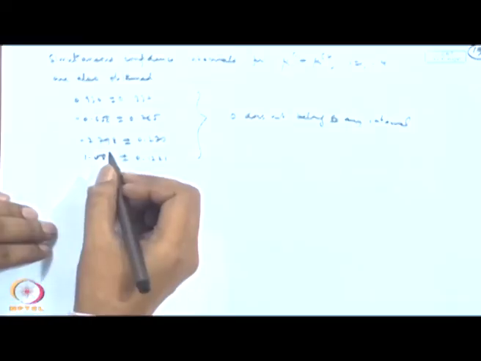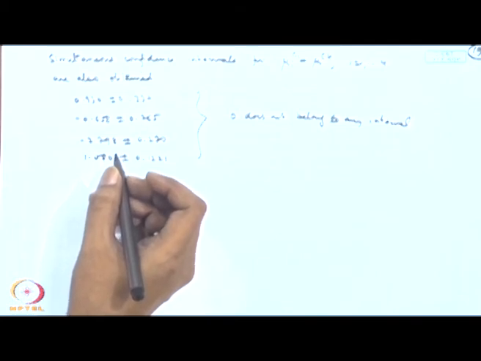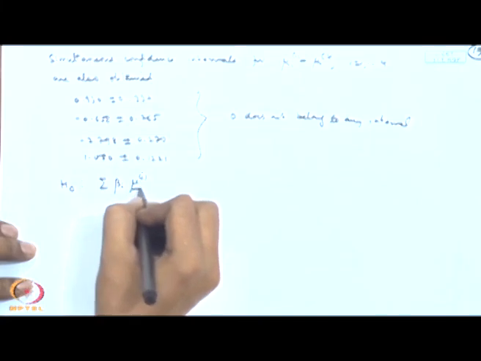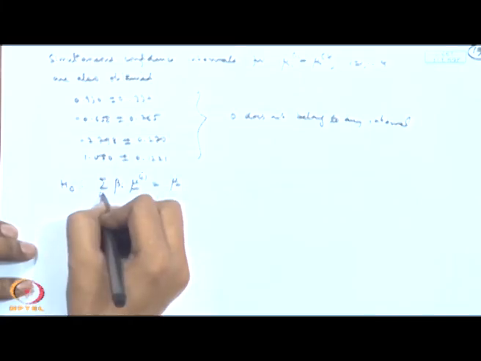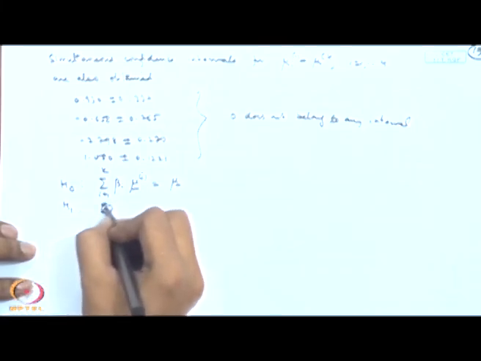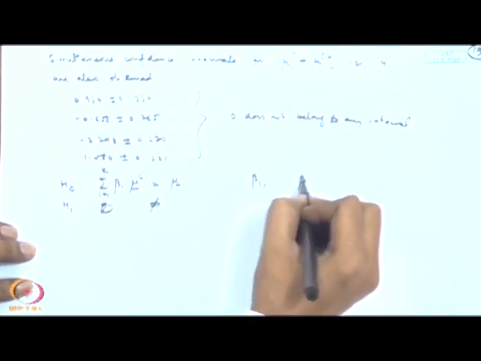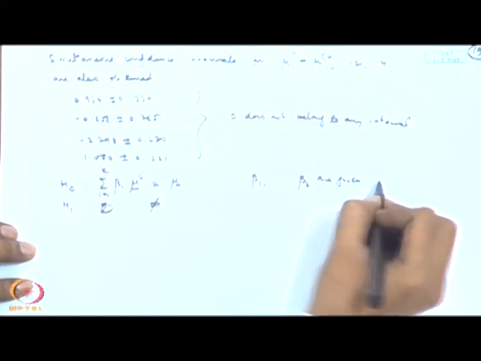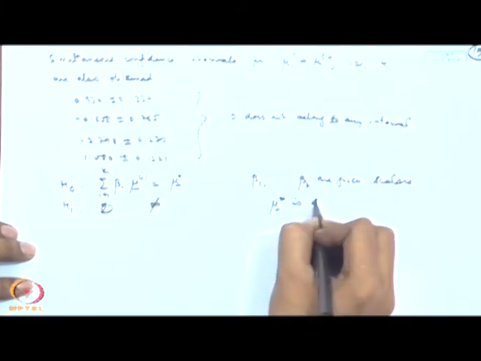As I mentioned, one may consider linear combinations also. For example, I may consider testing H naught: sigma beta i mu i is equal to mu star, i equal to 1 to k, against H 1: not equal, where beta 1, beta 2, up to beta k are given scalars and mu star is a given vector.